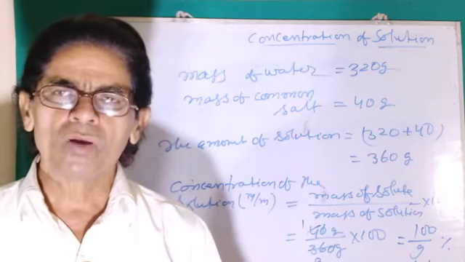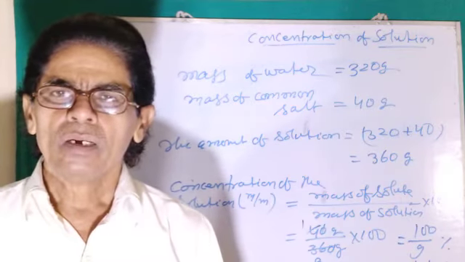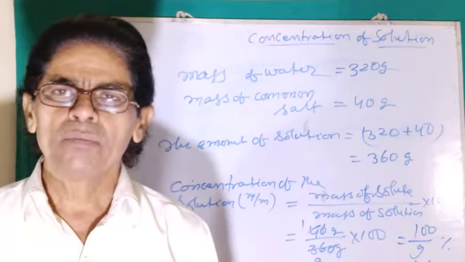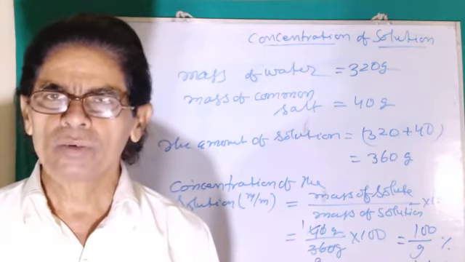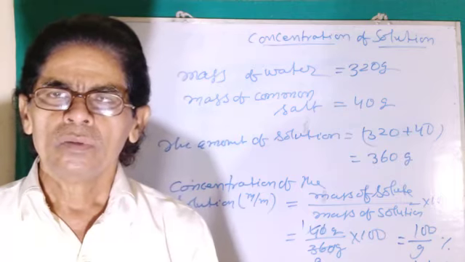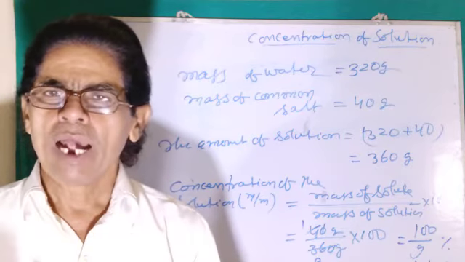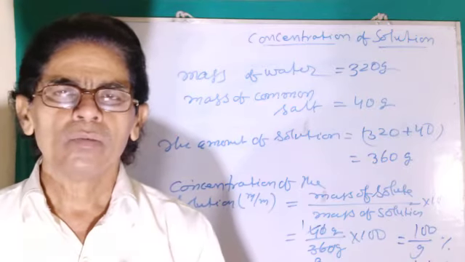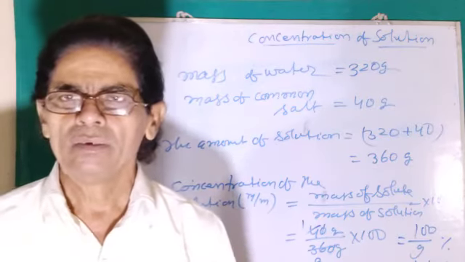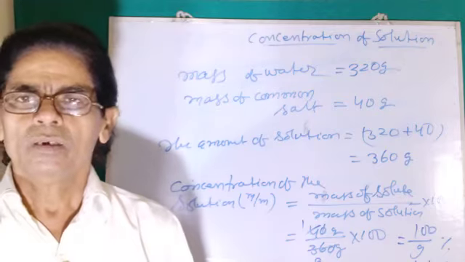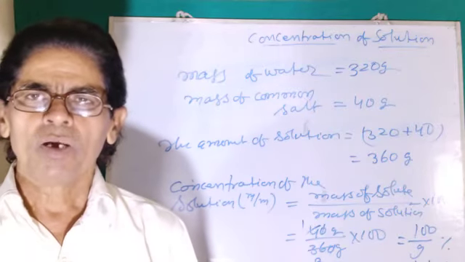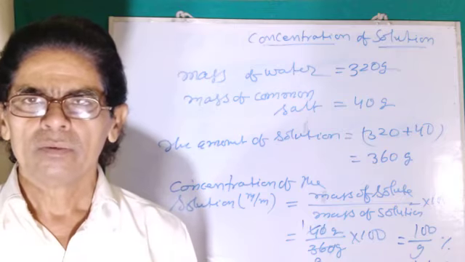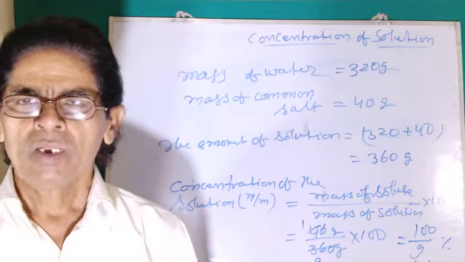When the light falls on the particles, light is scattered and makes a path visible to us when it is observed at right angles to the direction of the passage of light. This property is known as Tyndall effect.